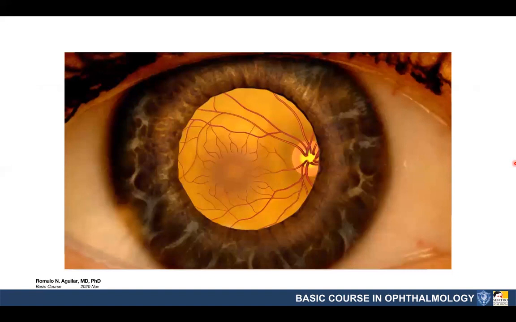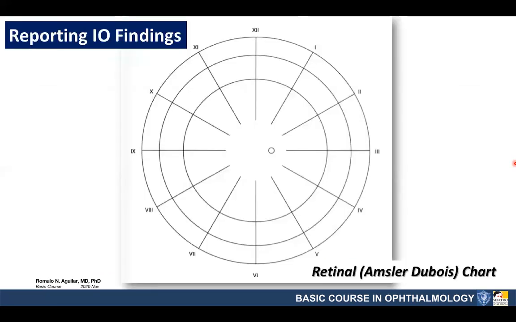So you've seen the fundus with your indirect ophthalmoscope. It's time for you to report your findings. In reporting your findings, you must use what we call the retinal chart or the Amsler-Dubois chart, and this is how it looks. You have 3 concentric circles, and we will discuss what they represent later on.